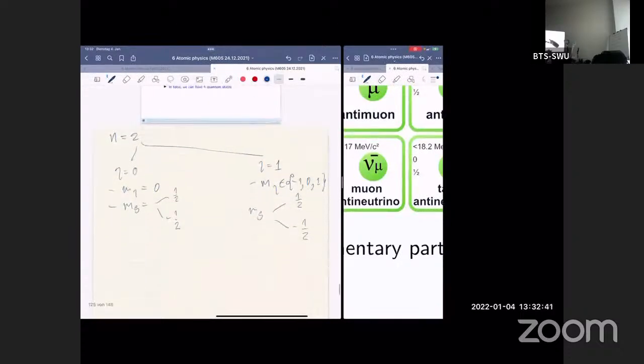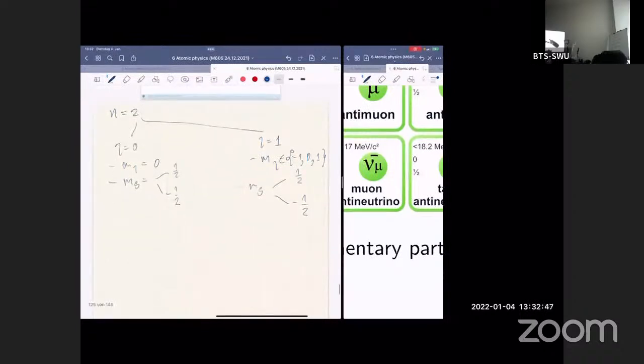All right. Now it's time to make the configuration of quantum numbers. So you would have a set of N, L, ML, and MS, right?